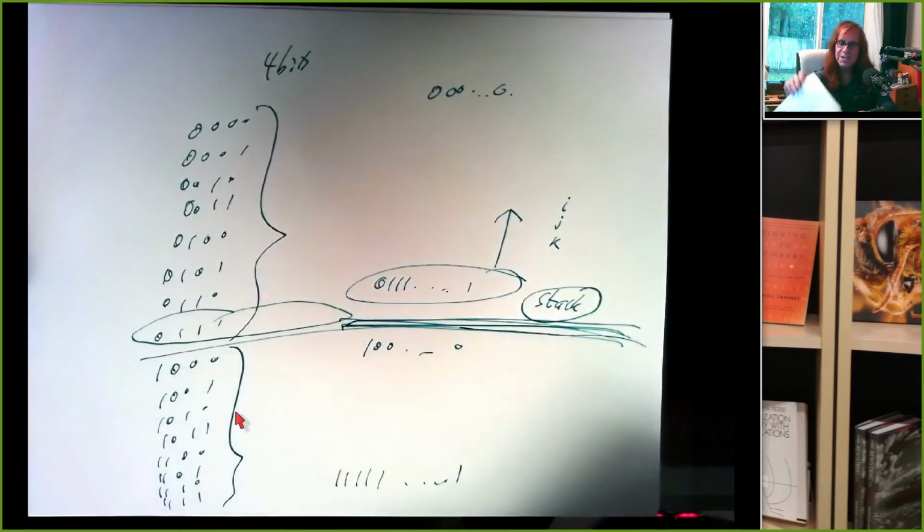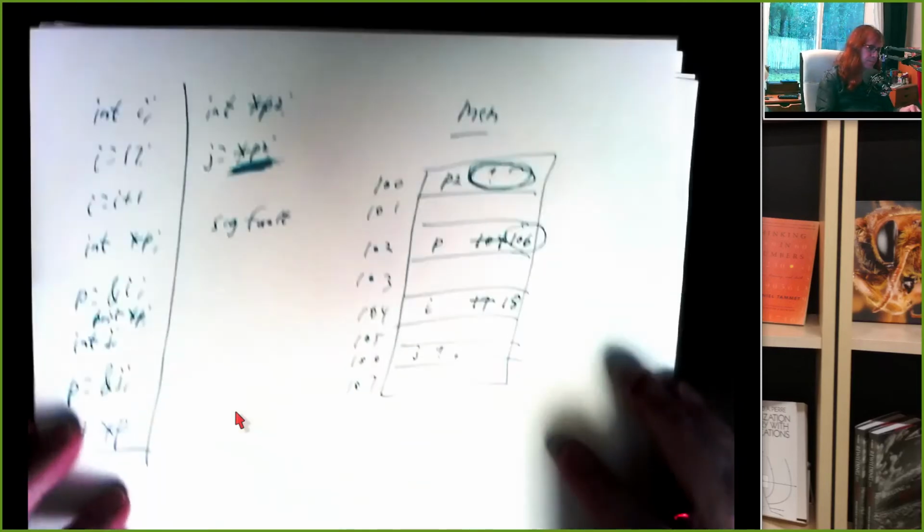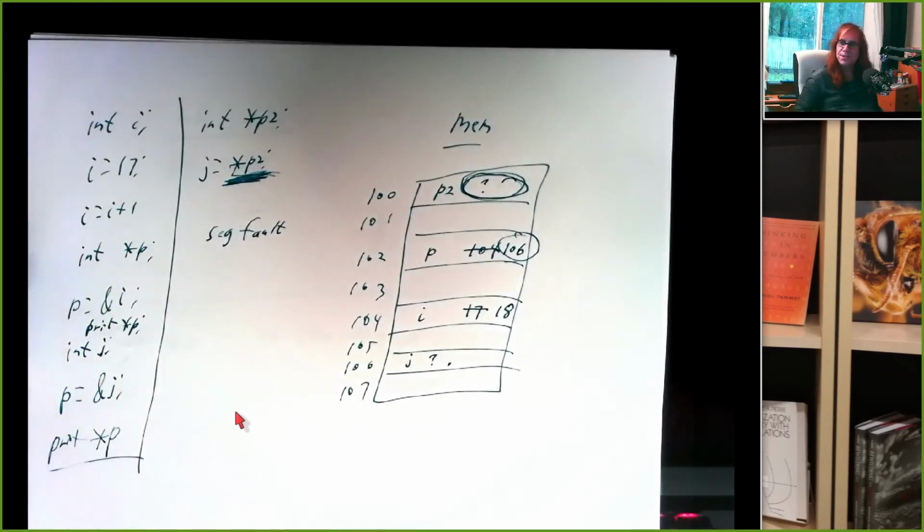So whether I have an integer or a pointer to an integer or a pointer to a character or something else, these are all just bits in memory. And looking in memory, you can't tell from what you're looking at whether what you're seeing is an integer or a character or a pointer to a double or a struct or something else.